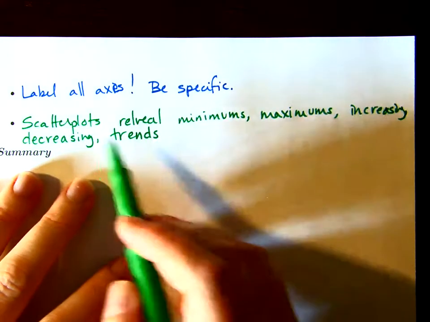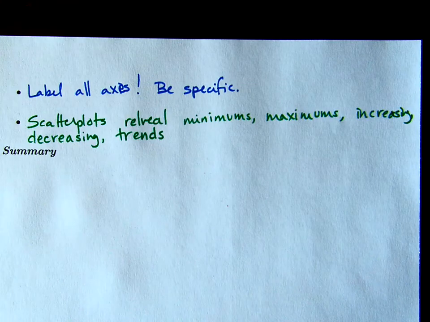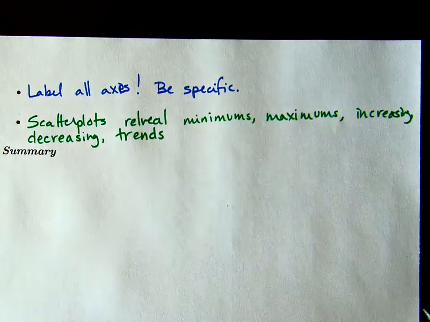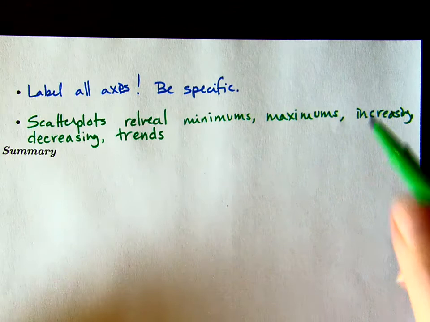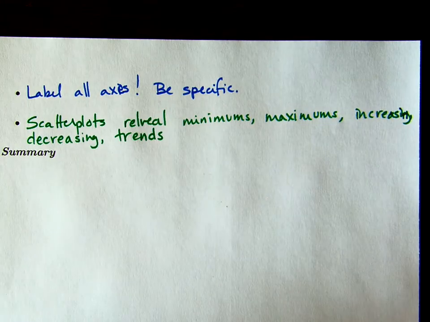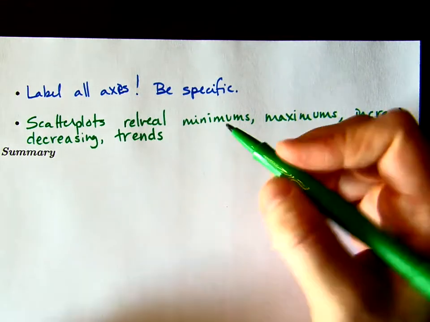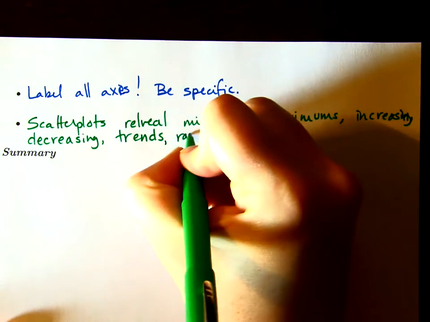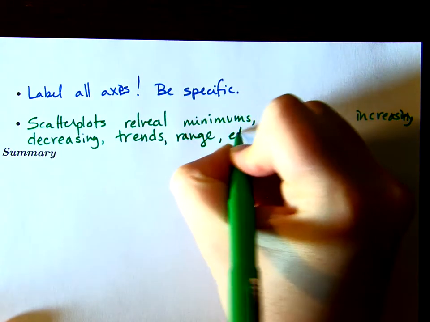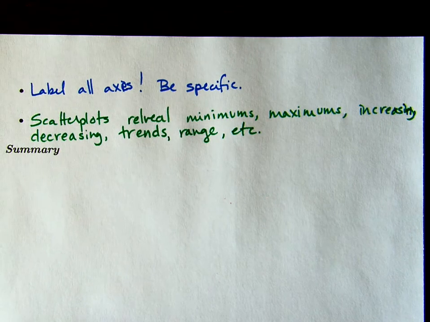Nonetheless, having the bar graph and having a scatter plot reveals those things to the reader, to the researcher, to the public. Scatter plots reveal minimums, maximums, increasing, decreasing, data trends, range. And I'm just going to put etc. because maybe there's something that you will get out of it too.